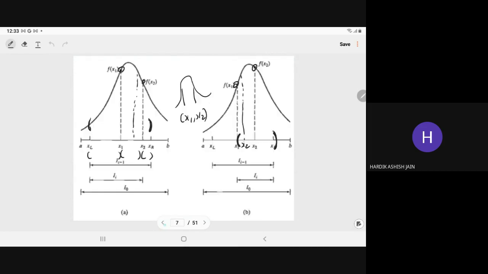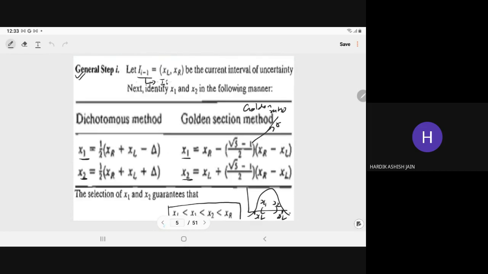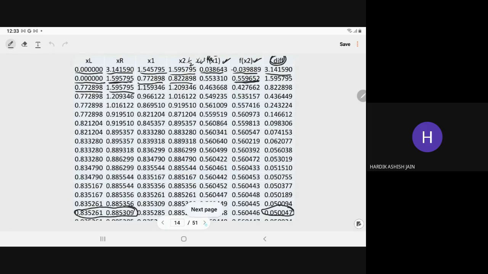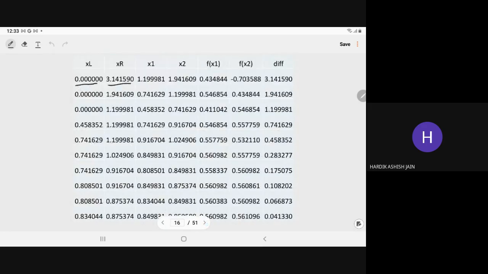For computing x1 and x2, we have this formula: x1 is equal to xr minus (root 5 minus 1) upon 2 into (xr minus xl), and x2 is equal to xl plus (root 5 minus 1) upon 2 into (xr minus xl). Using this formula, we have computed x1 and x2.